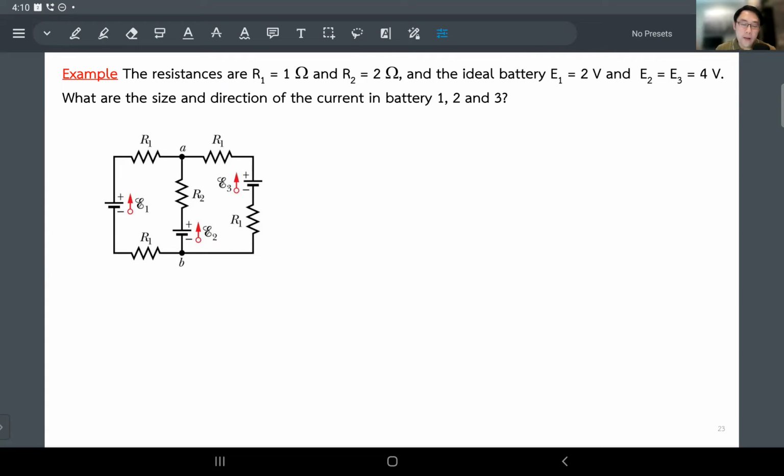So what I'm going to do right away is show you one more time how to apply Kirchhoff's rules. I think you have already seen from last time that it's not that bad. The recipe we built was based on how you calculate the potential difference when you go around any closed loop.